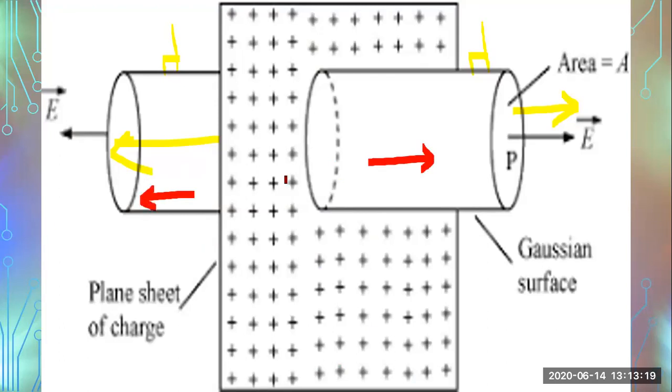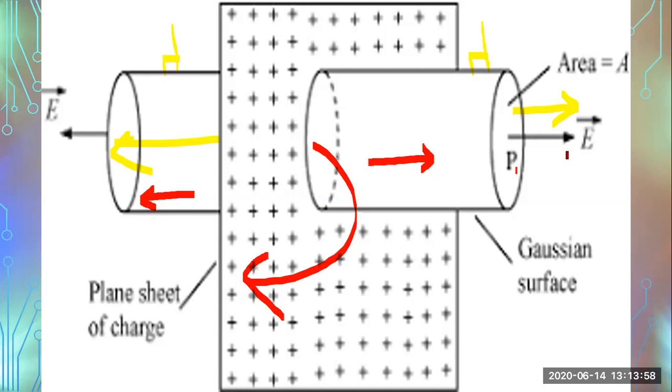So we have considered a portion of this surface as a cylindrical surface, one to the right and the other to the left side. This is the plane sheet of charge, and this is the cylindrical Gaussian surface which we have considered. Point P is lying outside that surface, and the electric intensity is moving to the right side.